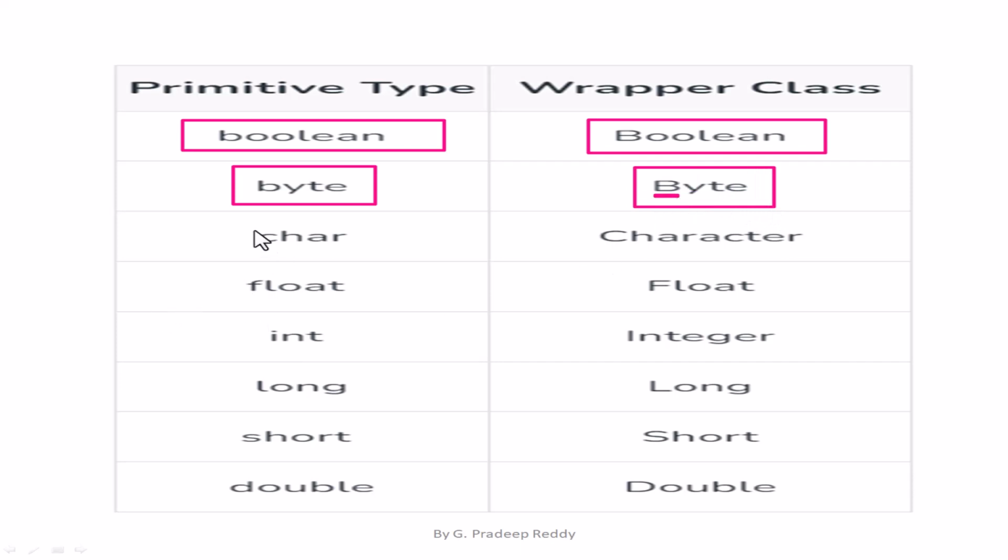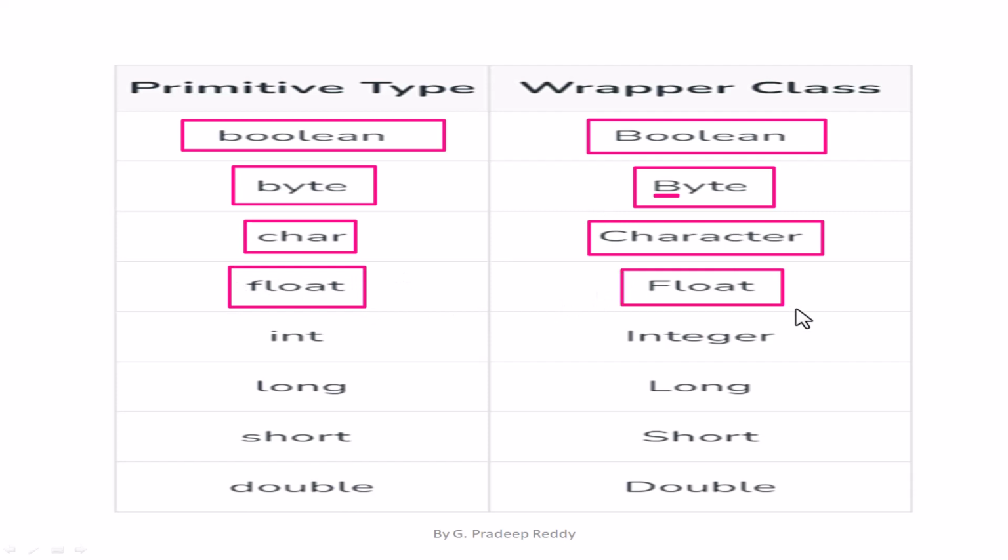Next, for character you declare char, but in the wrapper class you declare the complete word Character. In every wrapper class you need to create an object equal to a new Character. Here float in small letters and Float in capital letters.